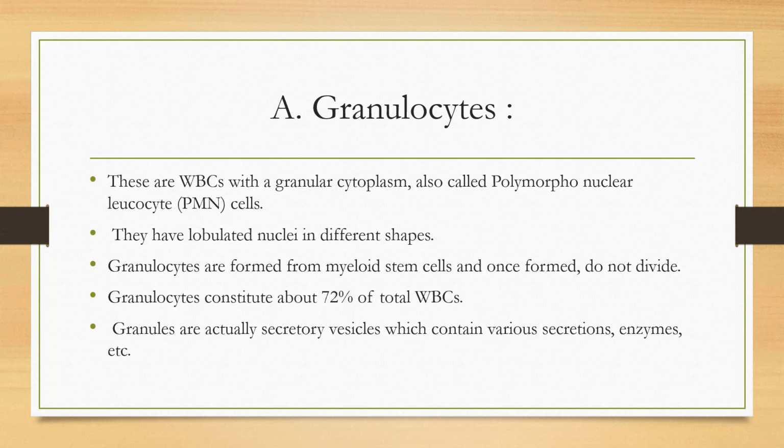The myeloid stem cell is also one of the stem cells, and from these main stem cells many different types of blood cells are formed. So granulocytes are formed from a stem cell whose name is myeloid, and once formed, these cells do not divide. Granulocytes form about 72% of total WBCs.